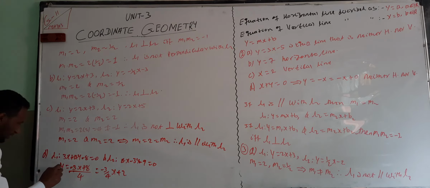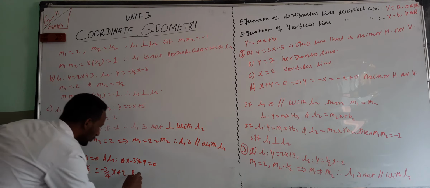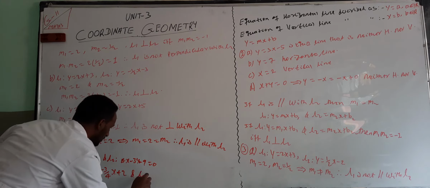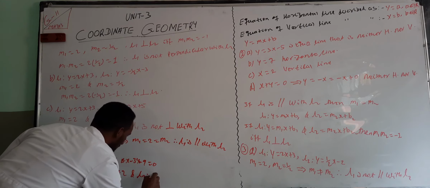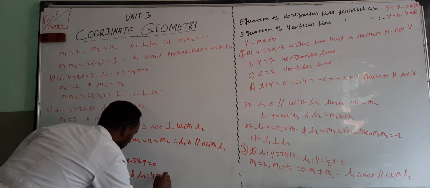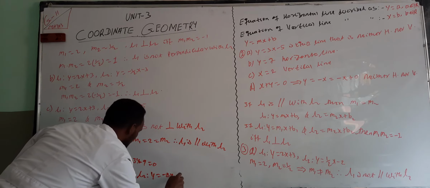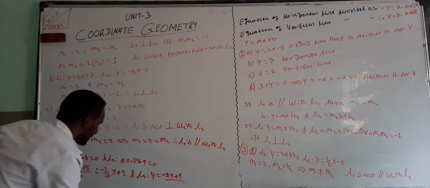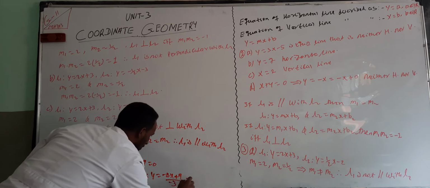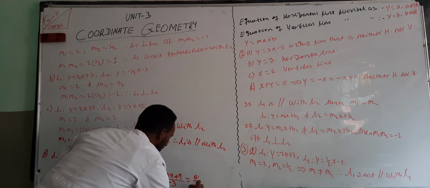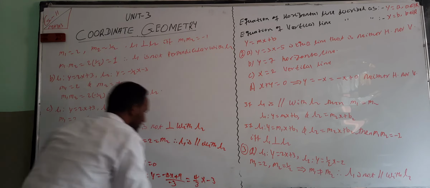This is the equation of L1 and the equation of L2 such that y is equal to negative 4x plus 9 over negative 3, which is equal to 4 over 3x minus 3.